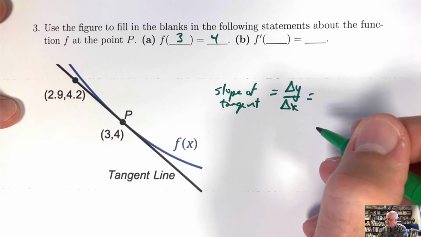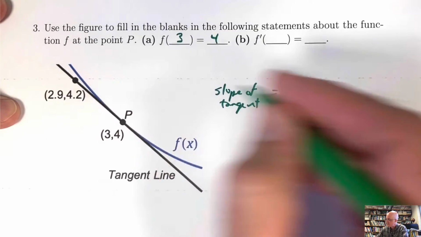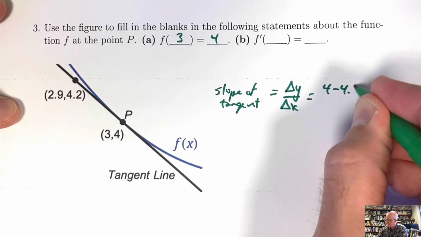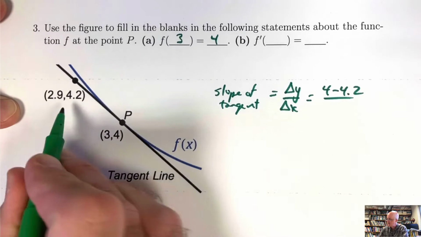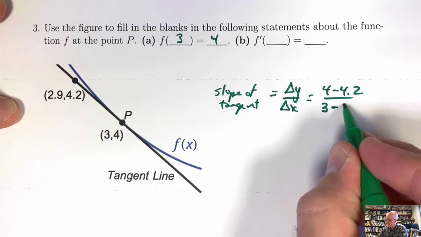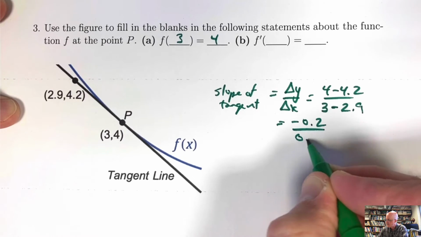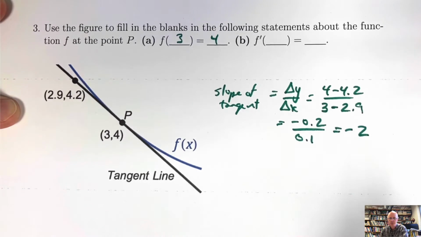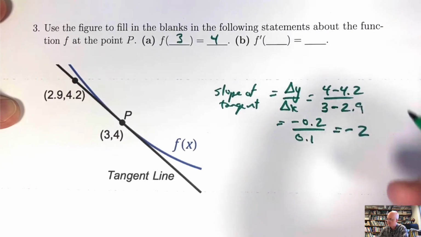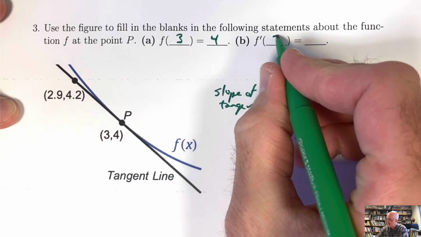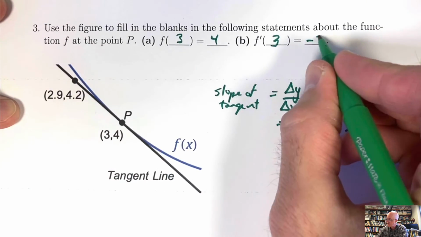Look at your 2 points. The change in y is 4 minus 4.2, and the change in x is 3 minus 2.9. This is negative 0.2 divided by 0.1. That is negative 2. That's the slope of the tangent. That is the value of the derivative when x equals 3. F prime of 3 equals negative 2.